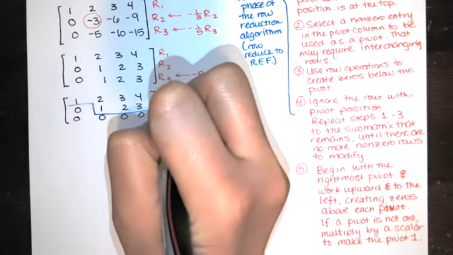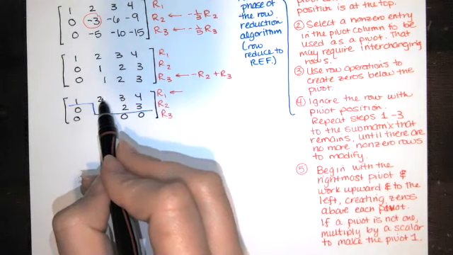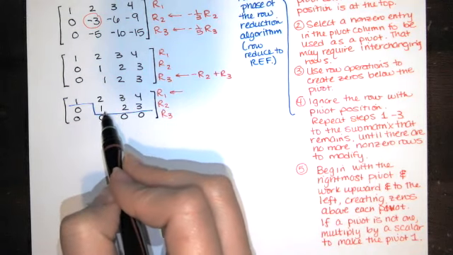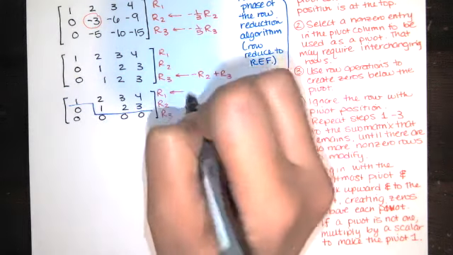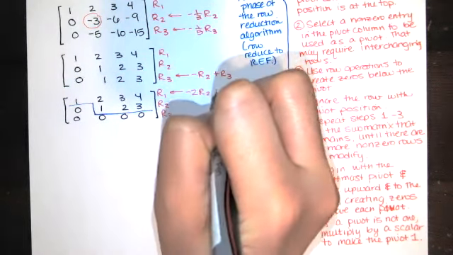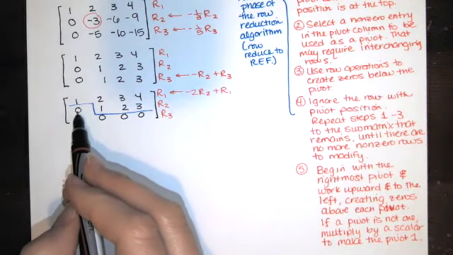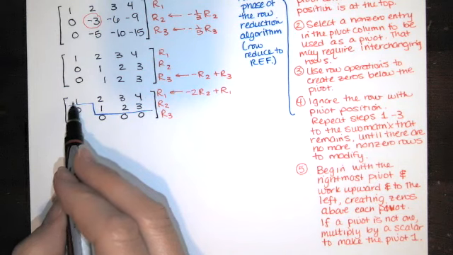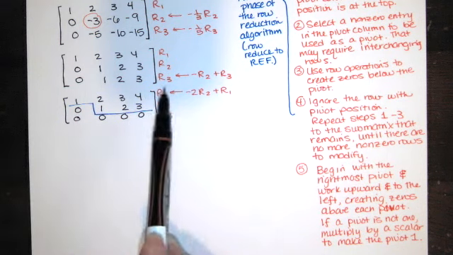we need to take row 1 and replace it by something. In order to get rid of the 2, I need to add negative 2 to it. So I will multiply row 2 by negative 2 and then add it to row 1. When I do that, I'm not going to change this because this is already a 0. So that pivot position stays the same, just like we were talking about at the very beginning when we talked about pivot positions.